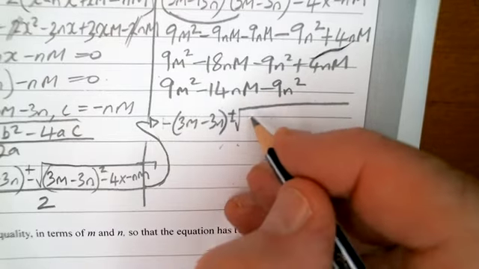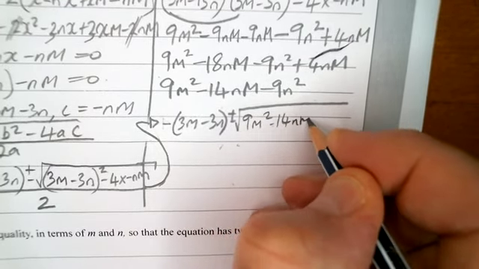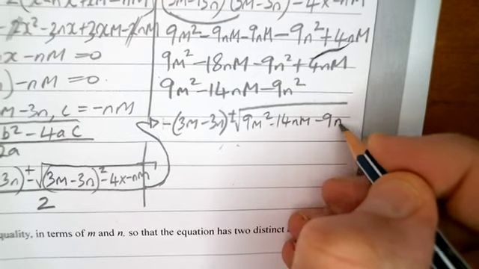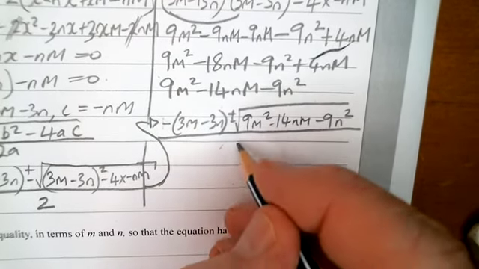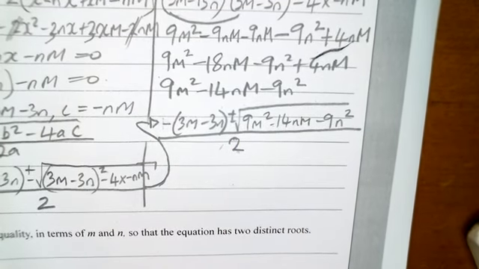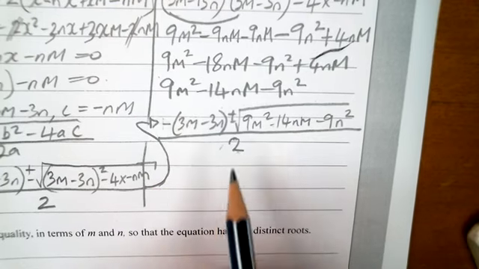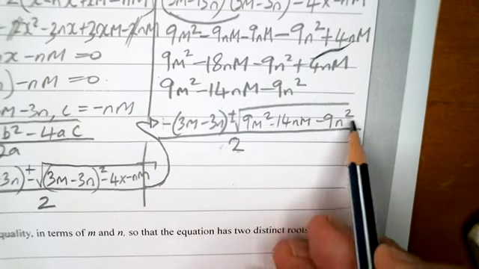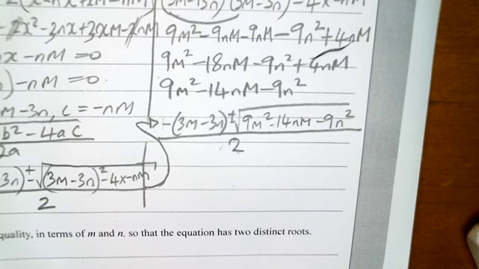So it's 9m squared minus 14nm minus 9n squared, all over 2a, which is over 2. So they're the two factors, really. It's this plus this over 2, or this minus this over 2. I'm wondering if we should write that out.